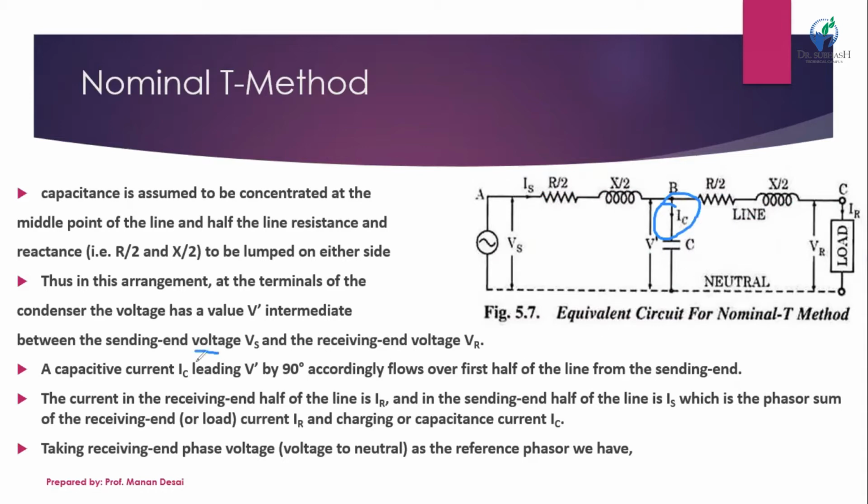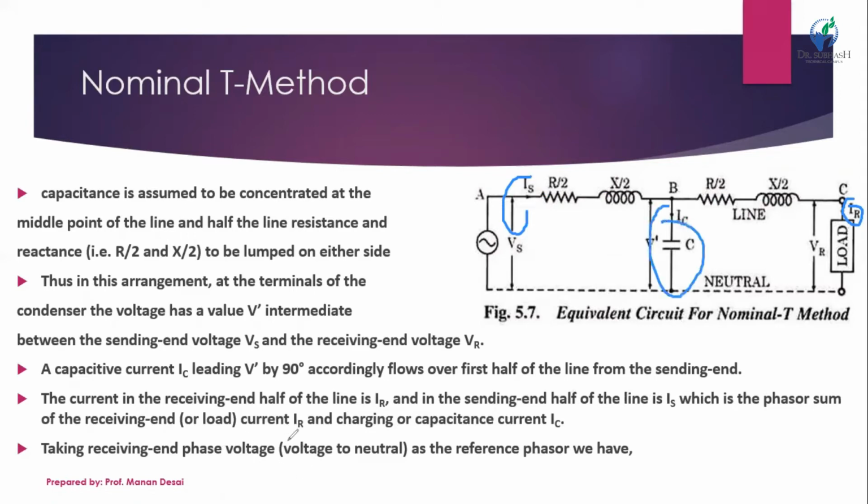So IC leads V by 90 degrees and accordingly flows over the first half of the line from the sending end. The current in the sending end half of the line, IS, is the phasor sum of the receiving end current IR and the charging or capacitive current IC.